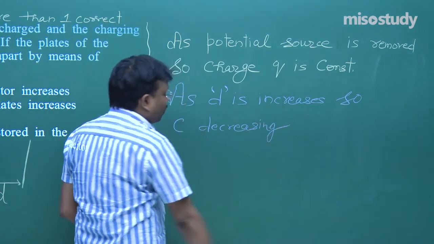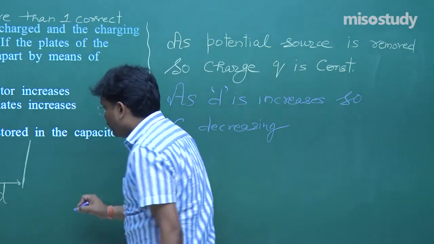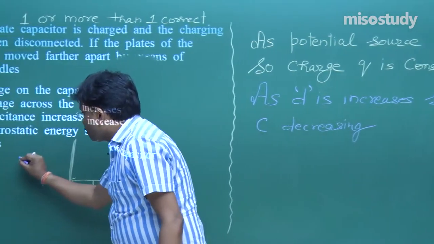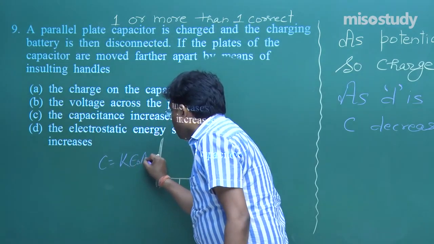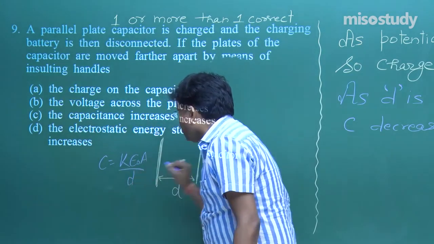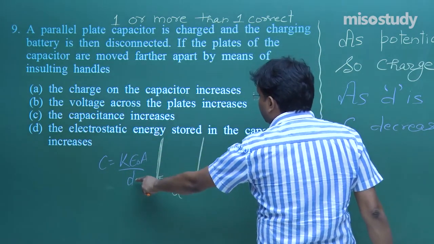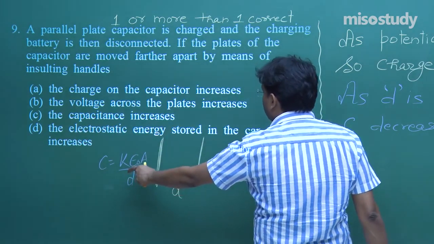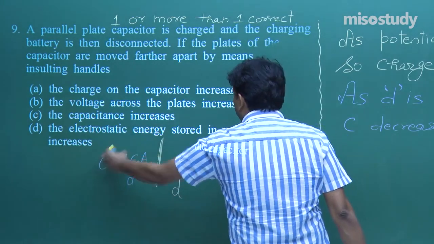Why? Because C is equal to K epsilon naught A by D. If K and epsilon naught are constant, put them aside. So if D is increasing, then C is decreasing. More denominator, less outcome.